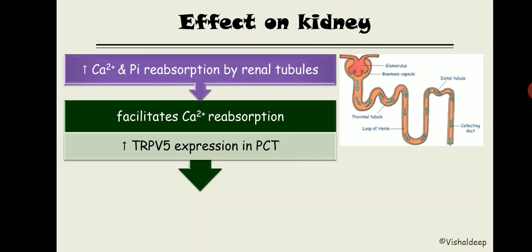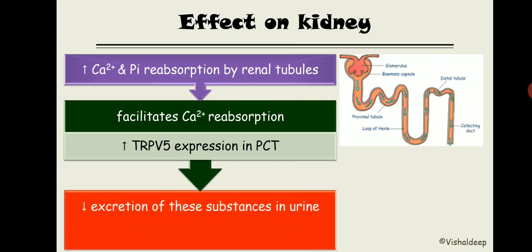In the case of parathyroid hormone, it also increases TRPV expression, but the location is different. Parathyroid hormone will increase this TRPV channel over here, at the distal tubule, while in the case of vitamin D, it will increase this channel at the proximal convoluted tubule level. Got it? And it will eventually decrease the excretion of the substance in the urine.